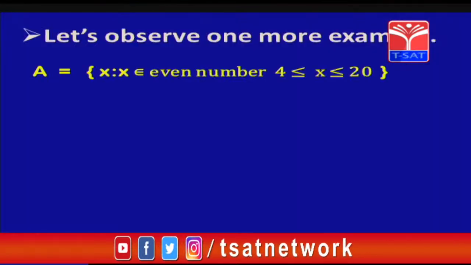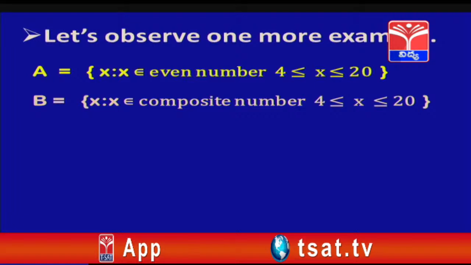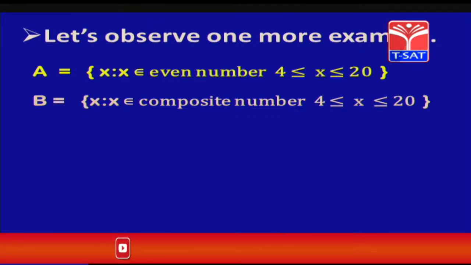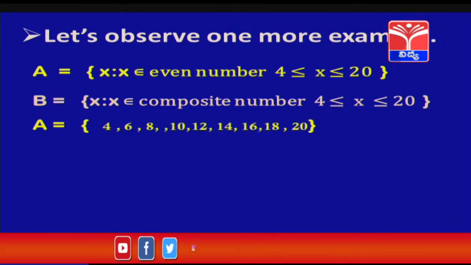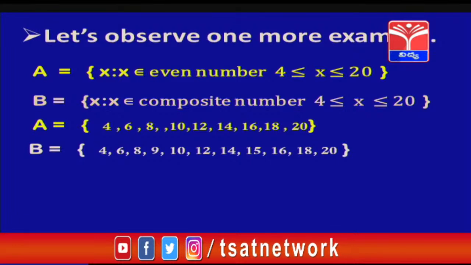Observe one more example to understand this. Again, A is the set of X such that X is an even number, the same as the previous example. B is the set of composite numbers, which we discussed for the union. Now let us write the sets in roster form.